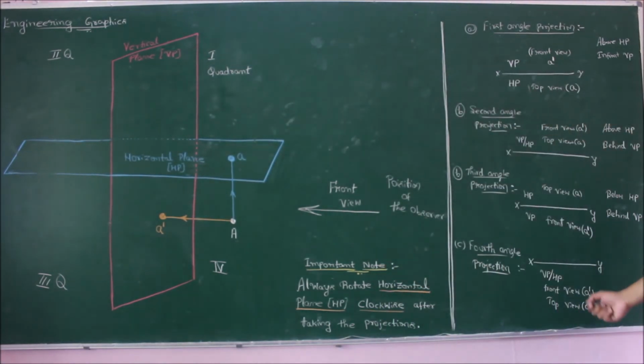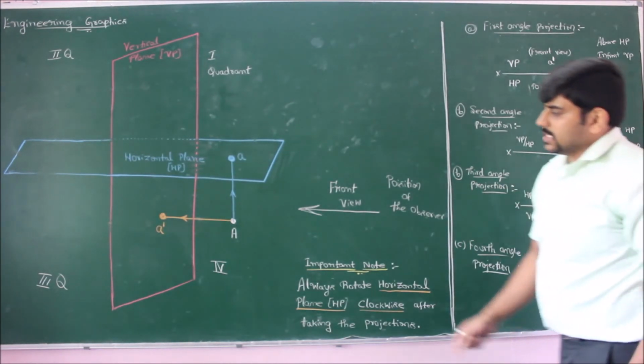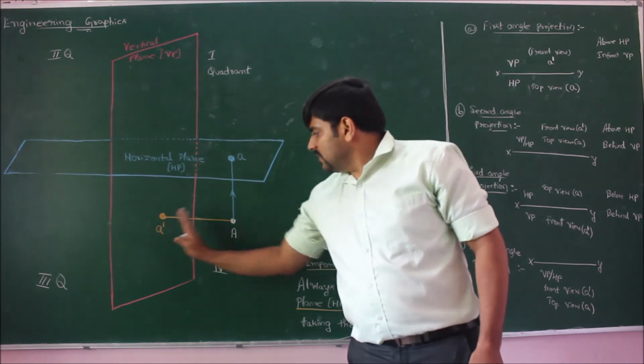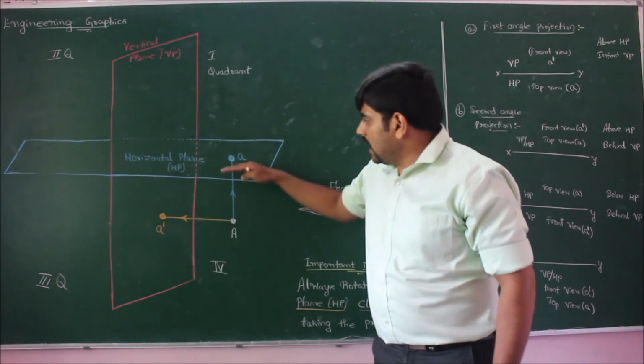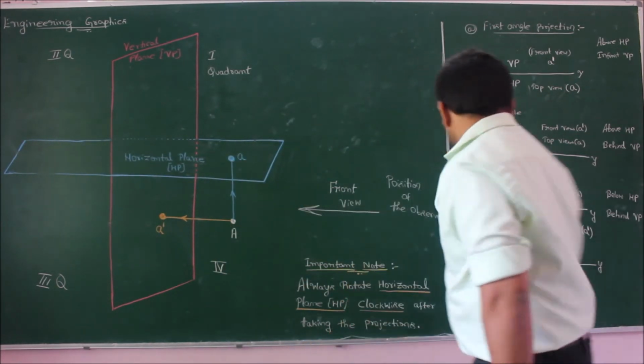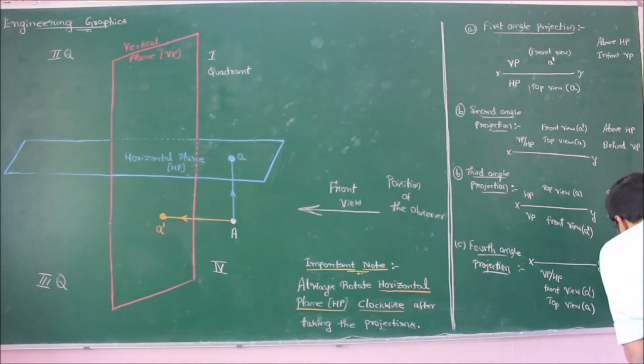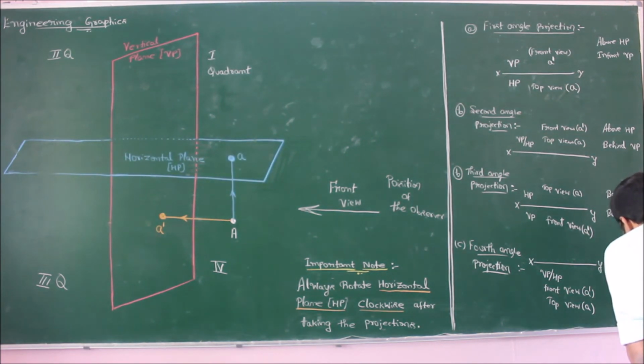Coming to the condition for the fourth quadrant, the point should be in front of the vertical plane and below the horizontal plane. The condition is that the point should lie in front of VP and below HP.